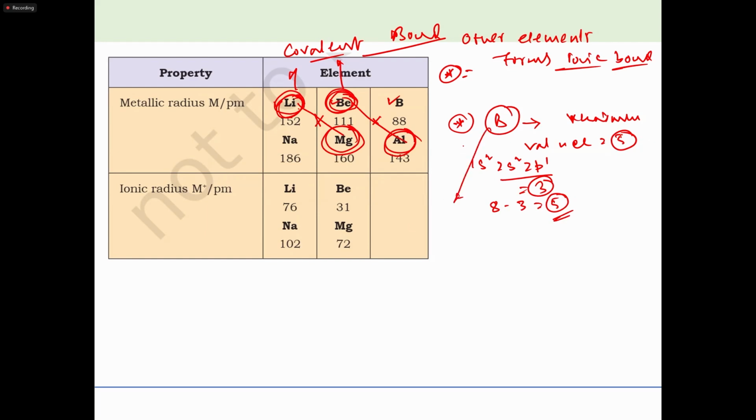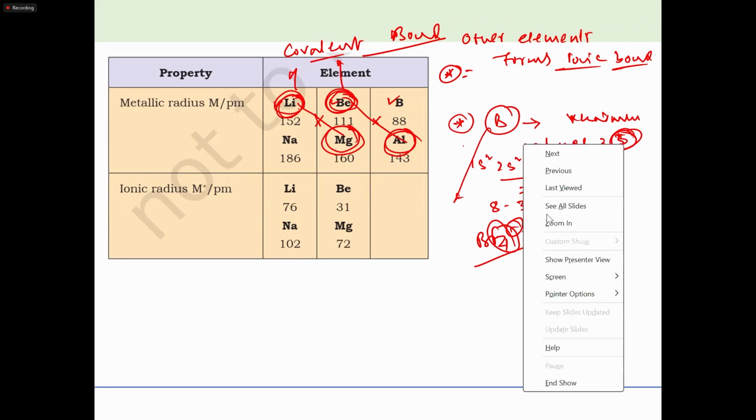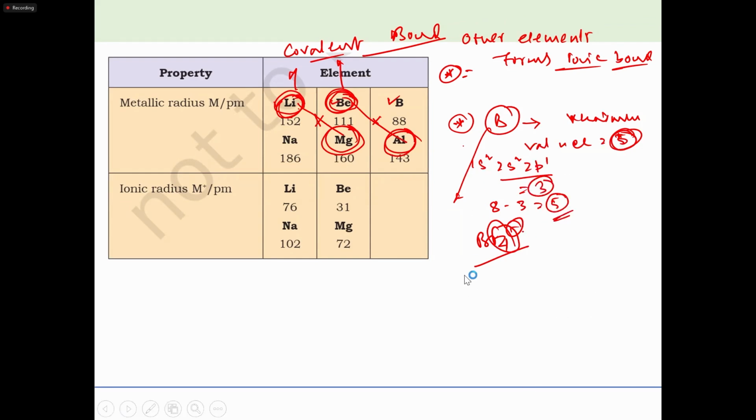When the maximum valence of boron is 5, the corresponding compound can be BF4 minus. How is the valence 5? There are 4 fluorides and 1 negative charge, so the valence is 5. Similarly, in the third period, this is aluminium.